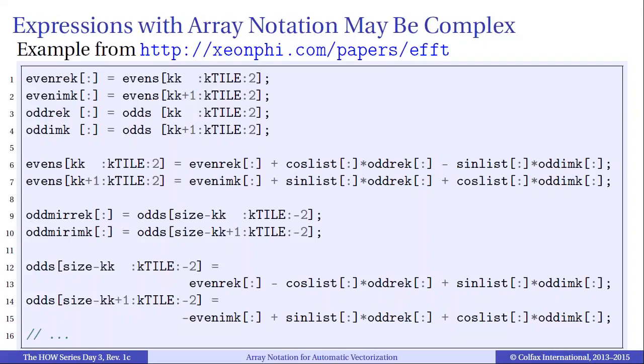So in the right-hand side you have a stride of 2, in the left-hand side you have a stride of 1. You can see that in the left-hand side we can have stride of 1, in the right-hand side stride of 2. We can also use negative strides, and this is much more compact than a loop. Plus, it vectorizes better because the compiler is better able to recognize the memory access pattern.